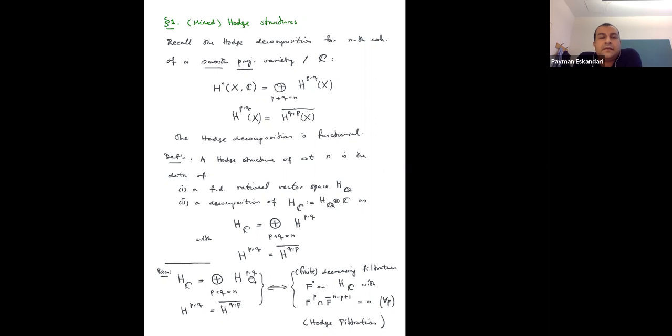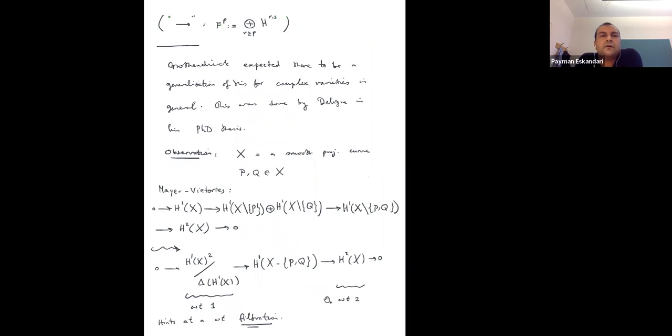Now, instead of talking about the Hodge decomposition, there's an equivalent way of giving the same data. You can describe it in terms of a filtration, which is called the Hodge filtration. It's a finite decreasing filtration on the complexification that satisfies this property. The passage between the two definitions is as follows.